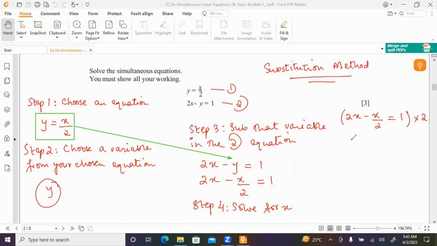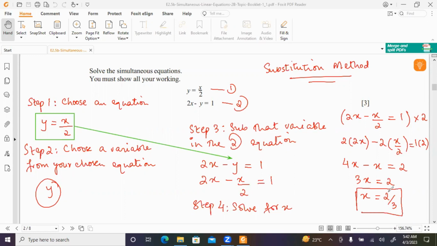So 2 times 2x minus 2 times x over 2 equals 1 times 2. 4x minus x equals 2. As you can see, we've gotten rid of the fraction, and 4x minus x is 3x. So x equals 2 by 3.